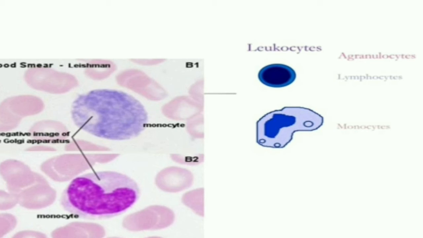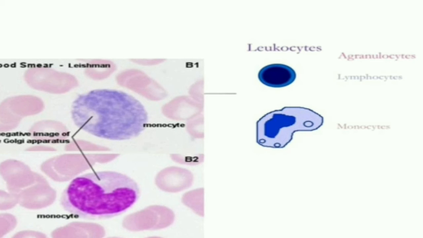It is the lymphocyte. These lymphocytes consist of a nucleus. These lymphocytes produce the antibodies, and these lymphocytes are responsible for the immunity. Among all WBCs, monocytes are the largest cells.